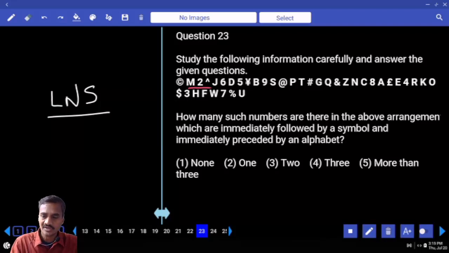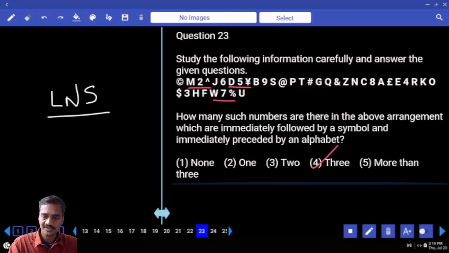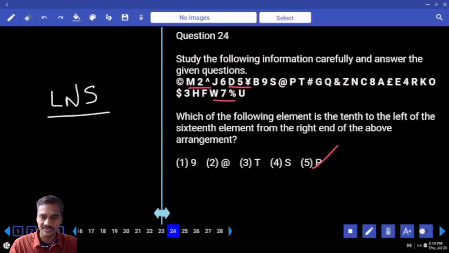Then the next one, letter, number and a symbol. Anything else? Letter, number and a symbol. And how many are there altogether? 3. That is the choice for question number 23.